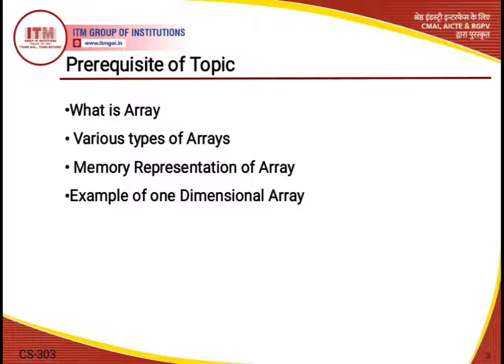So for this you just follow my previous video and watch it, then you are able to understand how the one dimensional, two dimensional and three dimensional array is represented in memory, and how we can calculate the address or the location of any particular element in the array.